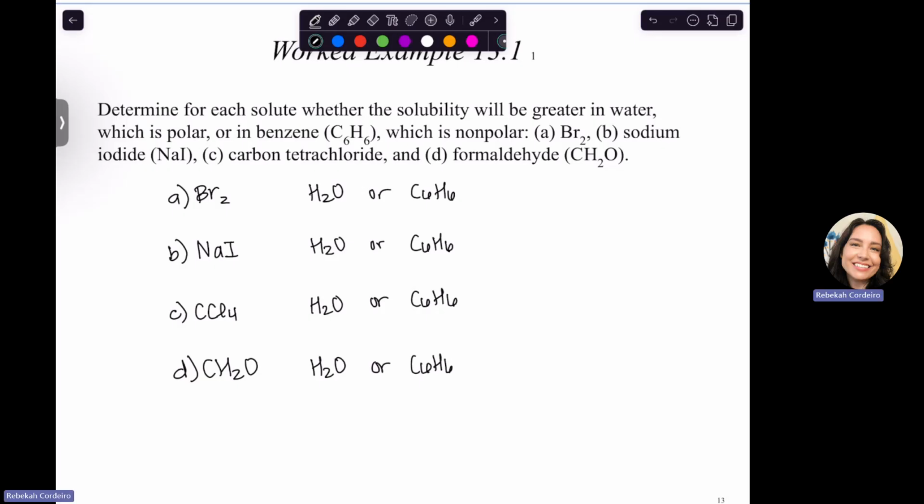Not sure where to start? If you draw the Lewis structure of the thing and see, do you think that's more polar or no?